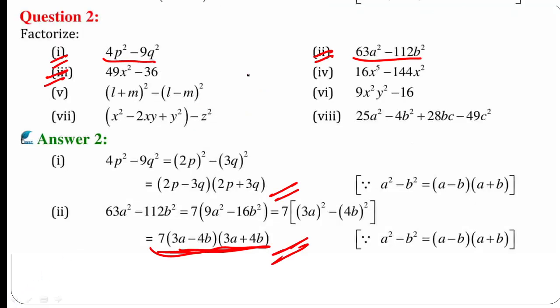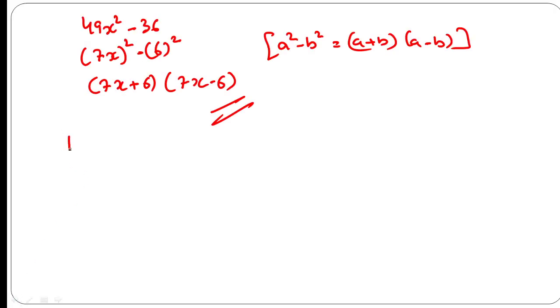In the fourth part, you will take the common term. Here the expression is 16x to the power 5 minus 144x square.